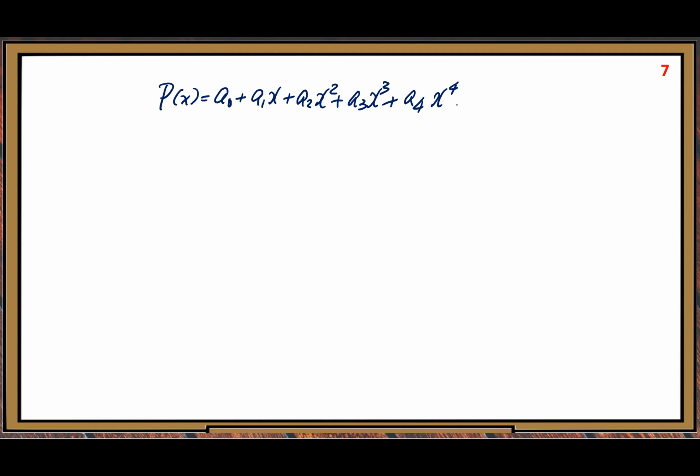In our previous one or two examples, we all considered x to the fourth, right? That means a0, a1 through a3 are all zero.